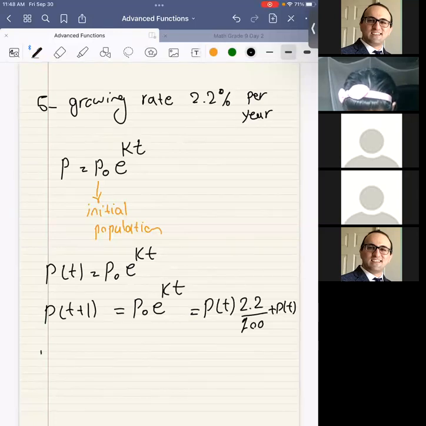Okay, so P of T plus 1 is equal to, oh sorry, P of T, if you use the formula, is P0 K to the power T plus 1.